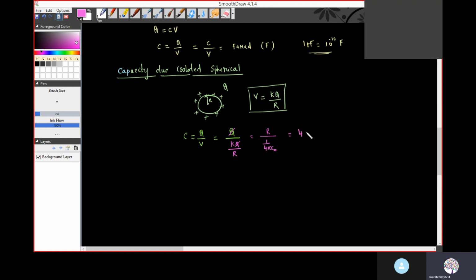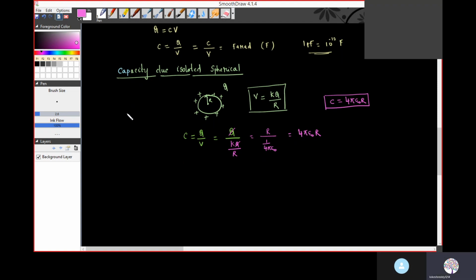So you get 4 pi epsilon naught R as the capacitance of a spherical conductor. Capacitance of an isolated sphere C is equal to 4 pi epsilon naught R.